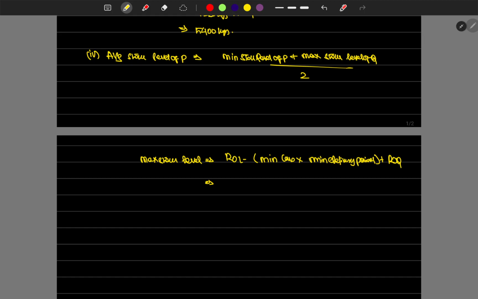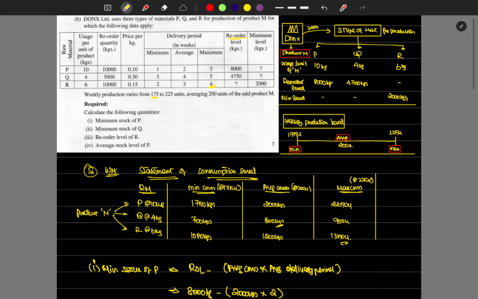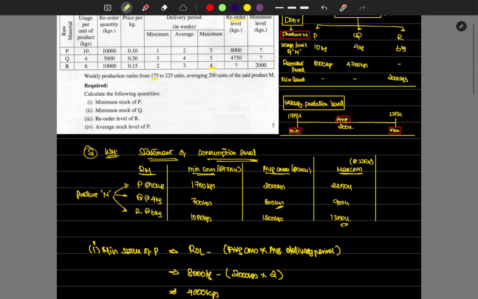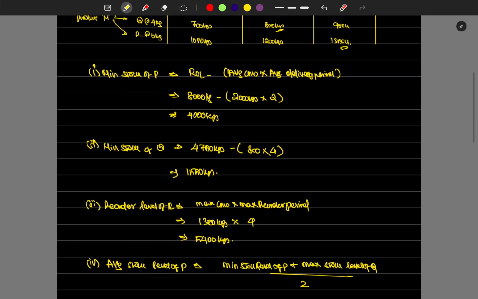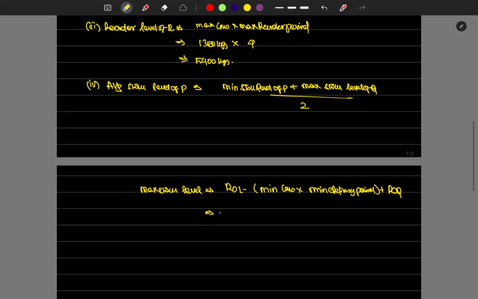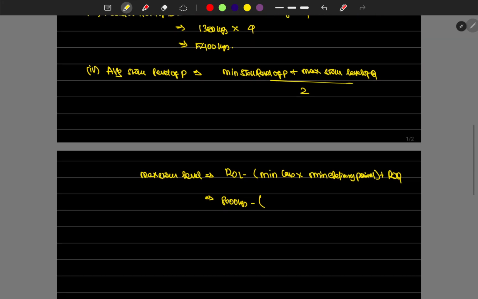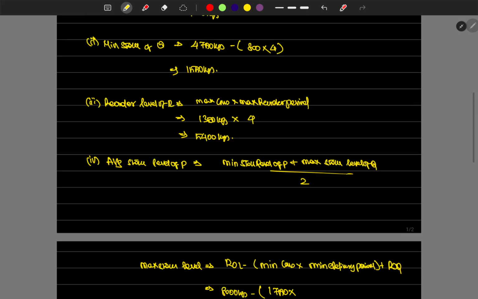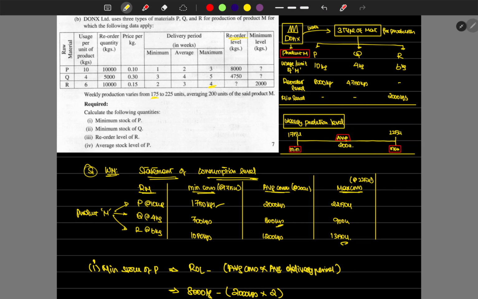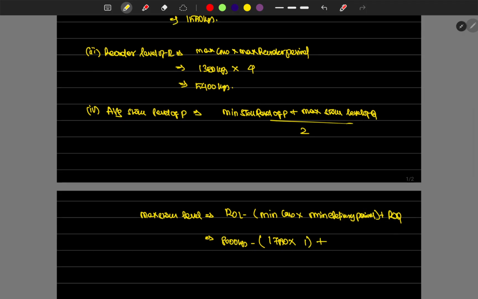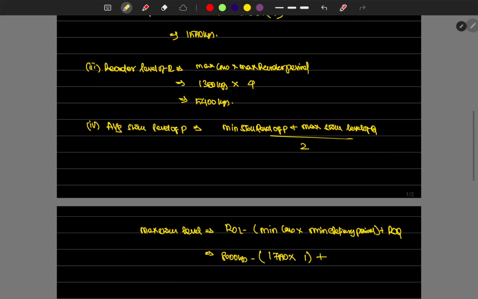So for the maximum stock level, the reorder level is 8,000 kgs, minimum consumption is 1,750, minimum delivery period is 1 week, and the reorder quantity is 10,000 kgs.